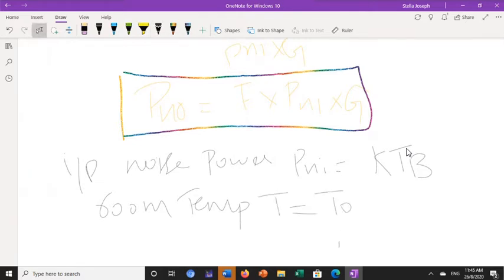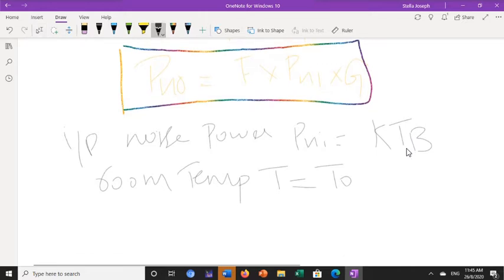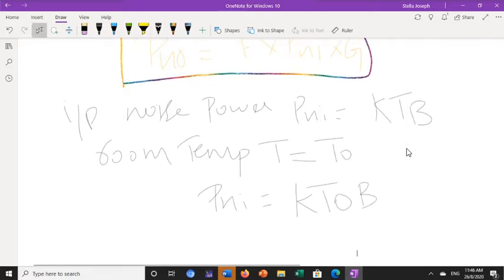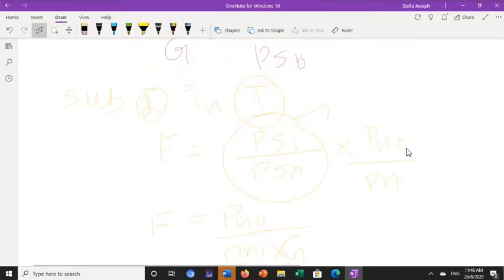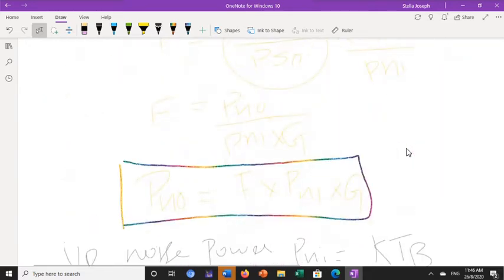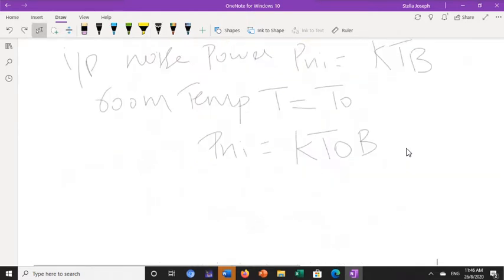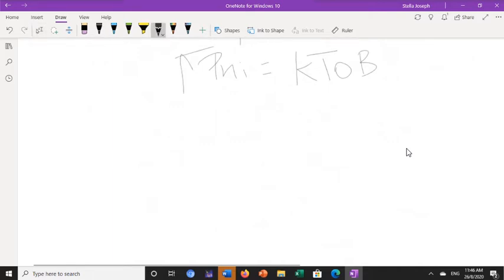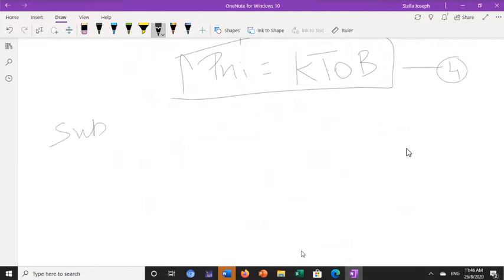So my equation becomes PNI is equal to K into T0 into B. Now substitute this in PNO. I am taking this equation as 3 and the last equation as 4.